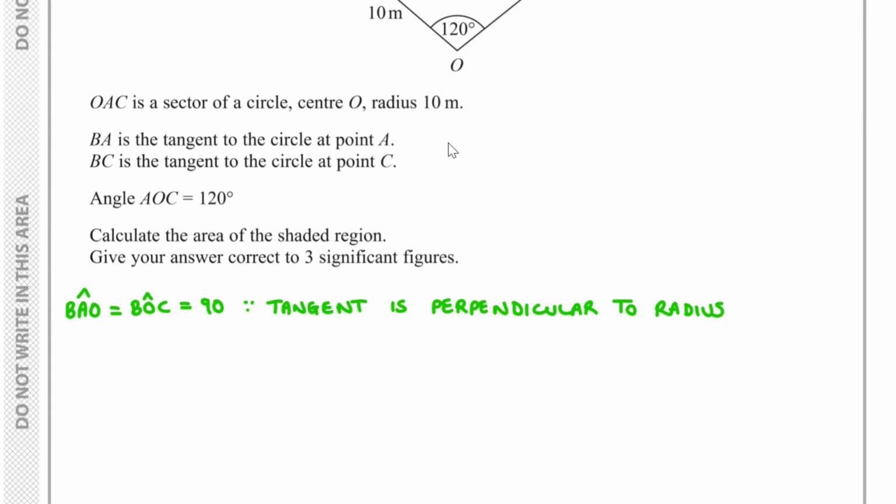So we should know that angles in a quadrilateral sum to 360, so therefore the angle ABC is equal to 360 take away 90, take away 90, take away the 120, which is 60.